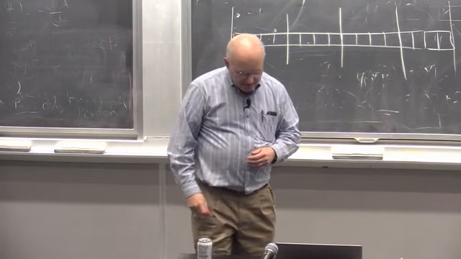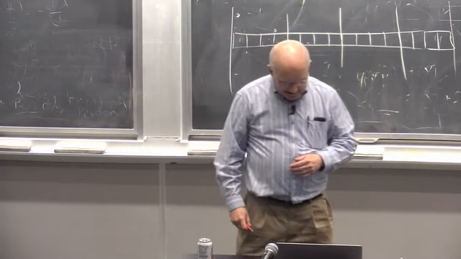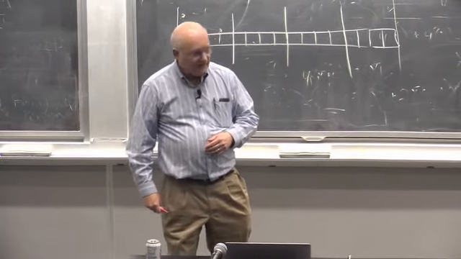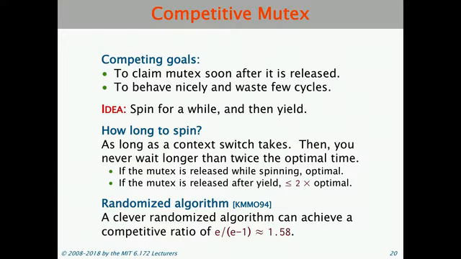Now, it turns out that there's a really clever randomized algorithm. I love this algorithm, from 1994, that achieves a competitive ratio of e over e minus 1 using a randomized strategy. I encourage those of you who have a theoretical bent to go take a look at that. It's very clever.